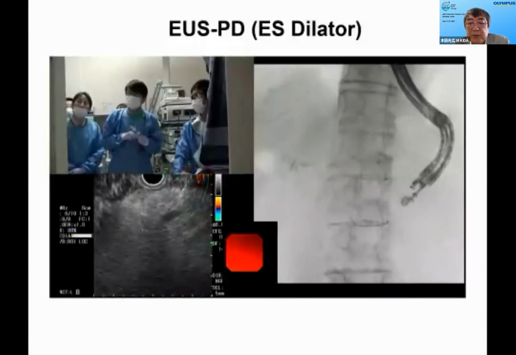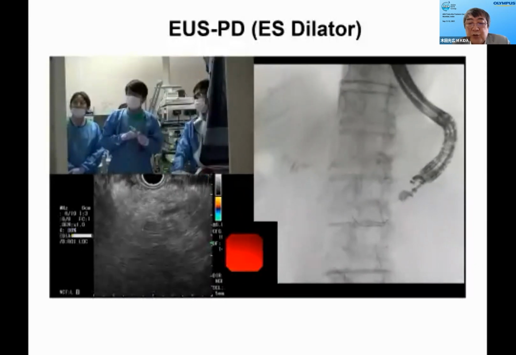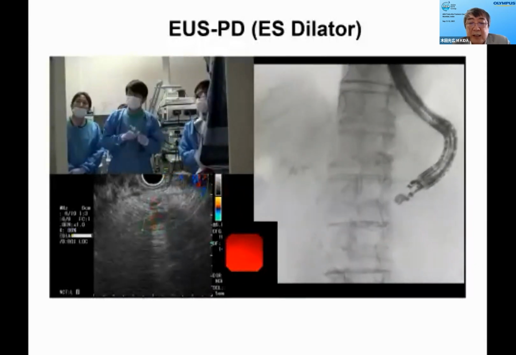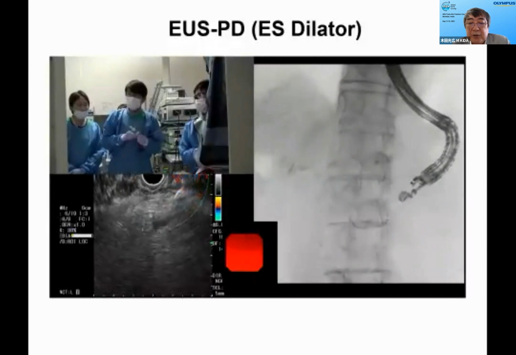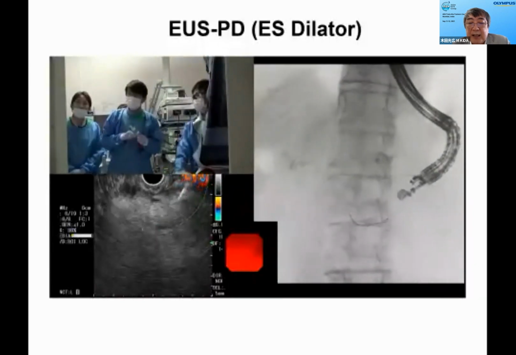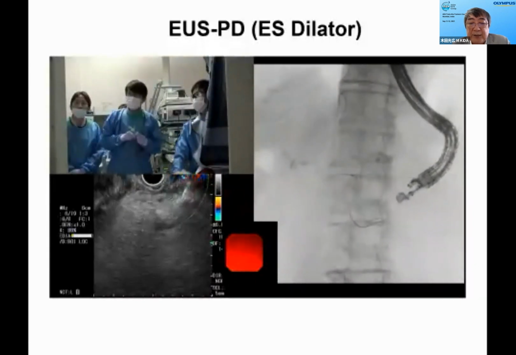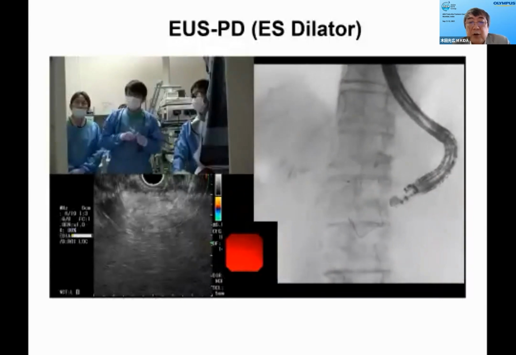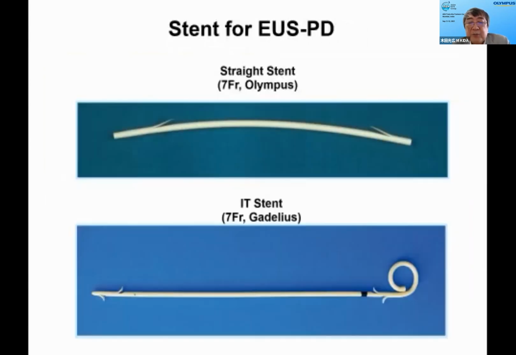So you have to keep the vertical position to the MPD, and we have to insert the dilator into the MPD like this. After dilation of the fistula, we plan to insert the stent.